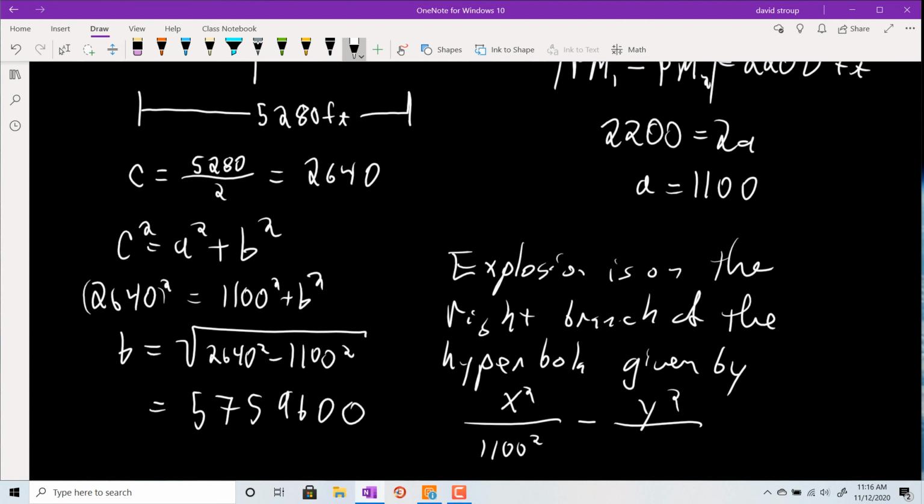Actually, it should be the square root of this, so when I plug it into the formula, it'll be just the 5,759,600, and that'll equal 1.